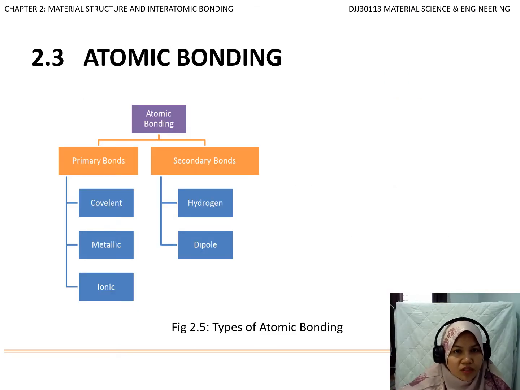So now we go to 2.3 atomic bonding. So atomic bonding is divided into 2 types, primary bonding and secondary bonding. Primary bonds are divided into 3 types, covalent, metallic and ionic, while secondary bonds are divided into 2 types, hydrogen and dipole.